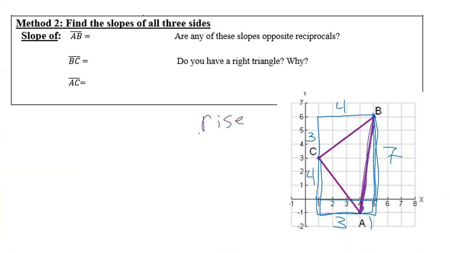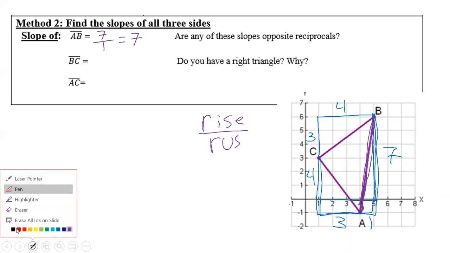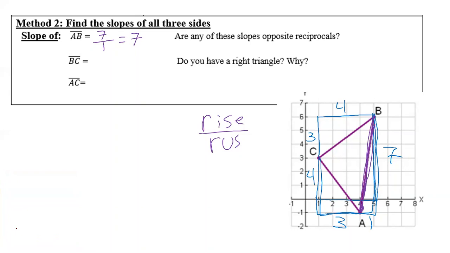Changing the Y's over changing the X's. This is a positive. I go up 7 over 1, and if I simplify that, it's just 7. For BC, I check, it's also a positive slope. It's going up. I go up 3 over 4 to get there. So positive 3 over 4, can't reduce that.